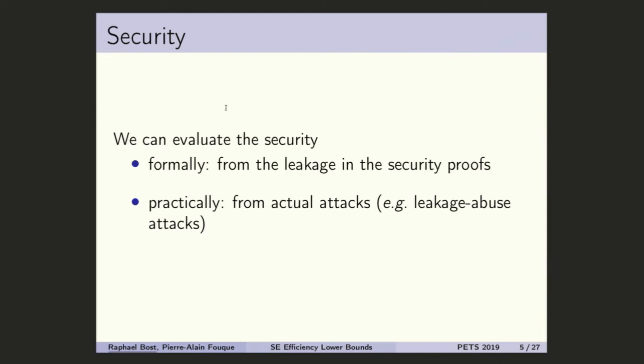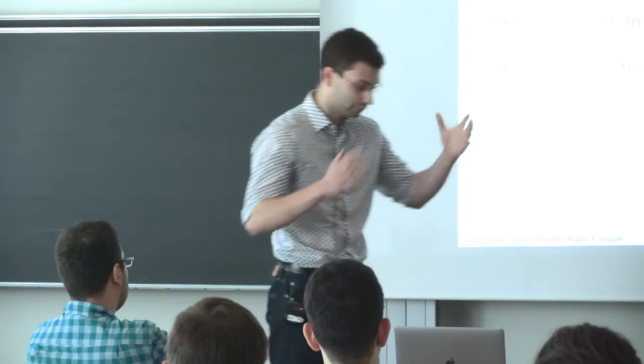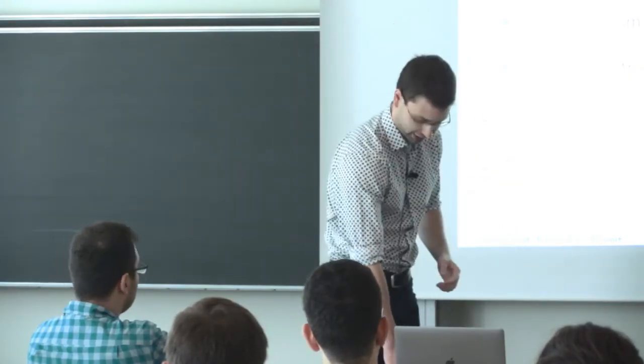There have been these leakage abuse attacks where you use this structural information that is leaked by the schemes to retrieve either the queries or even the encrypted database. So here we're focusing on the first point. We're doing theory, so we have to be a bit formal. I'm sorry about that, but still.